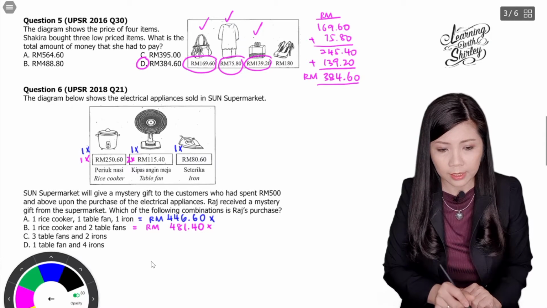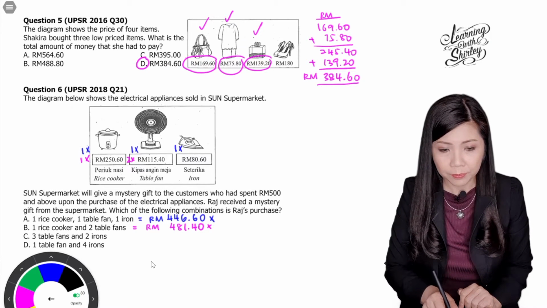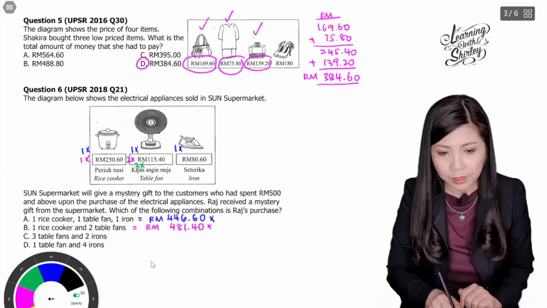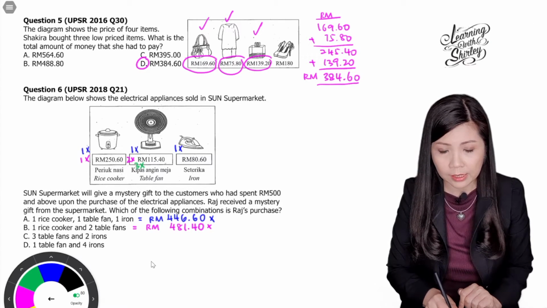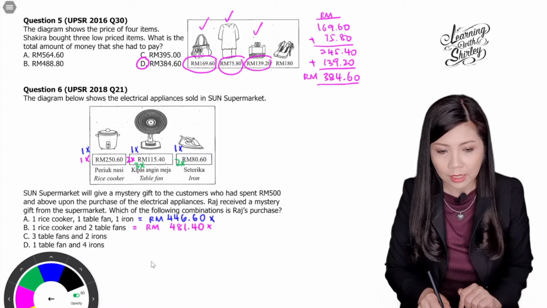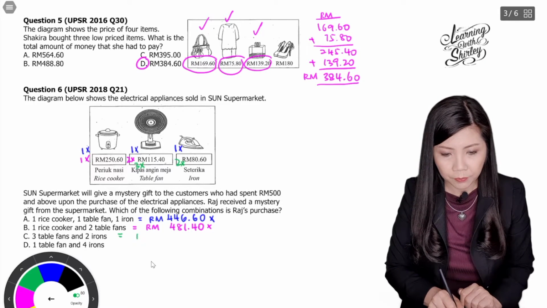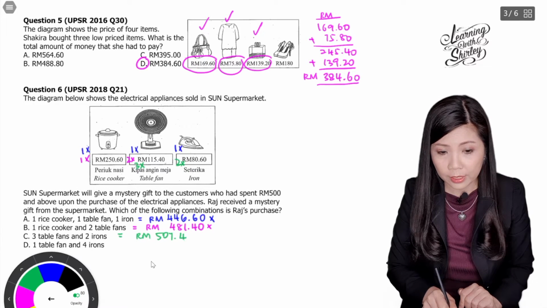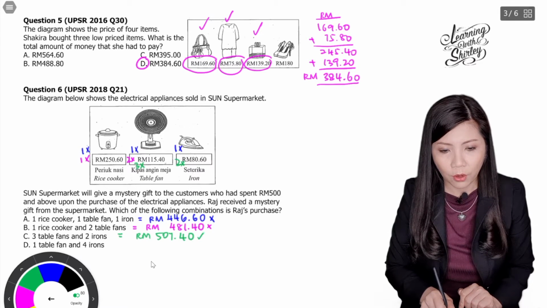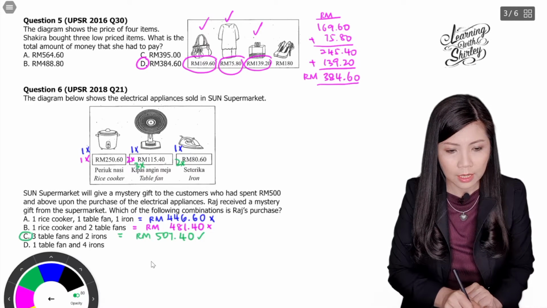Let's try C. So 3 table fans. So I'm going to times 3 here. 3 times 115 ringgit 40 cents, plus 2 irons, so 2 times 80 ringgit 60 cents. So we'll get the total, which is 507 ringgit and 40 cents. This is more than 500 ringgit. So therefore, this is the answer, C.